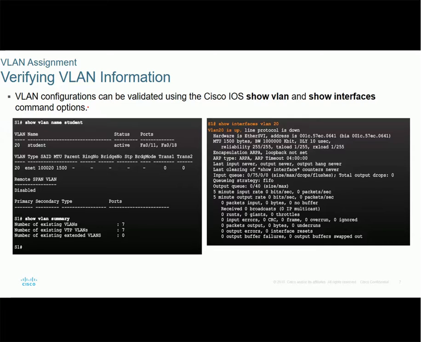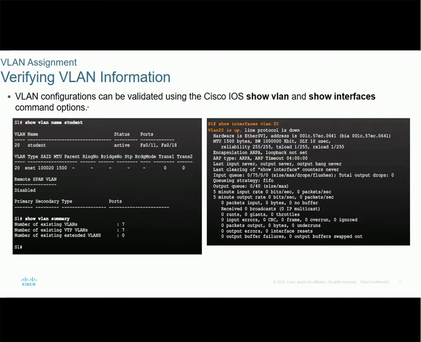Now, the last point here is on verifying VLAN information. After you've configured a VLAN, you can always validate or verify VLAN information by using the show commands. You can see here that the show vlan or show interface command options can be used to show what VLANs exist and what ports have been assigned to those VLANs.